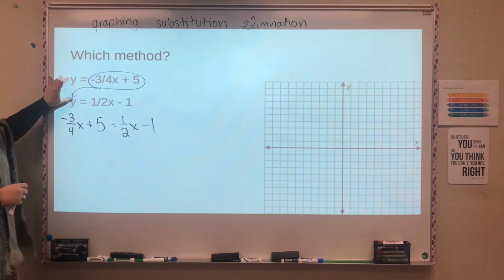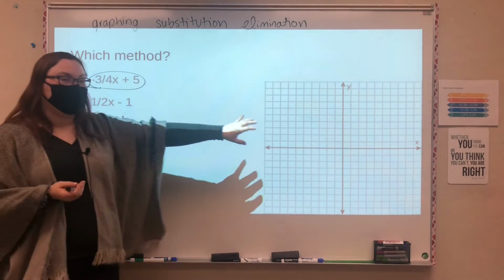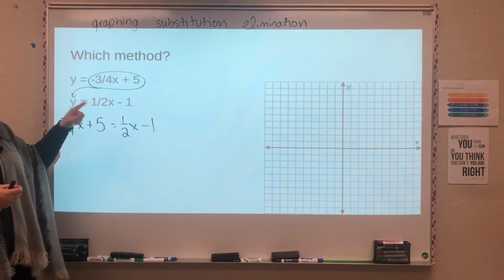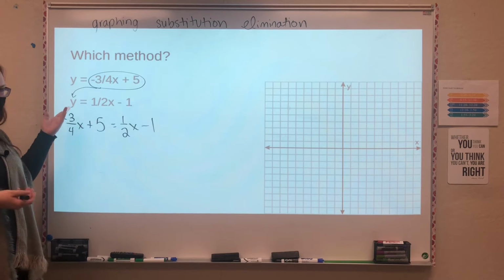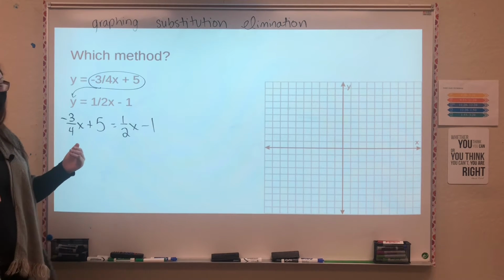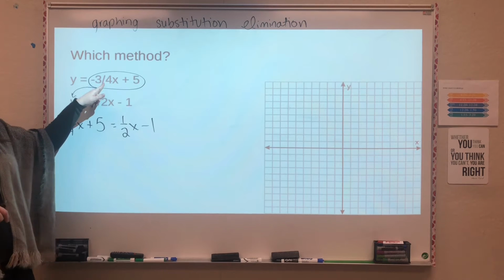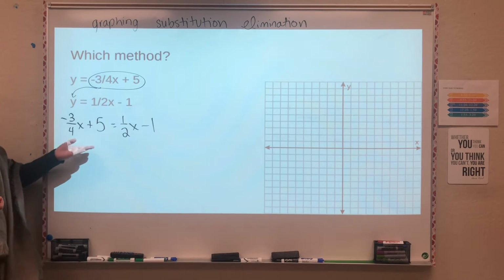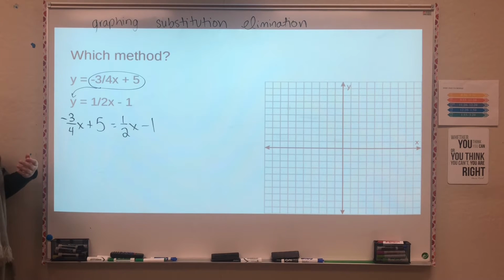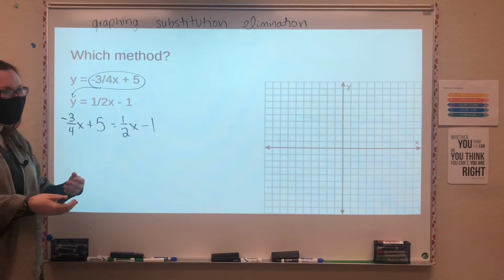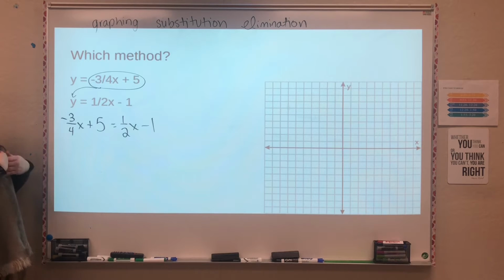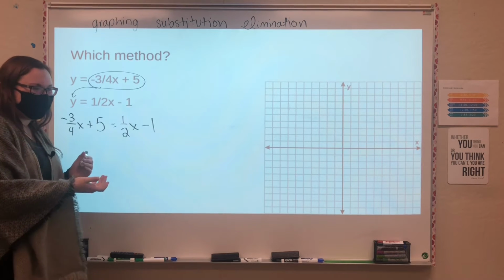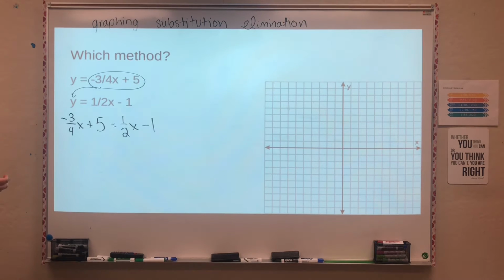I agree, graphing, they're already in slope-intercept form, which makes it really easy to graph. But that extra thing about fractions, when we're graphing things, if it has a fraction, it's really no big deal because it's very easy to graph fractions when they're your slope. But when it comes to solving equations, I am very confident in my ability as a math teacher to do math with fractions, but even I'm looking at this like, it's probably not my ideal thing I would want to solve.